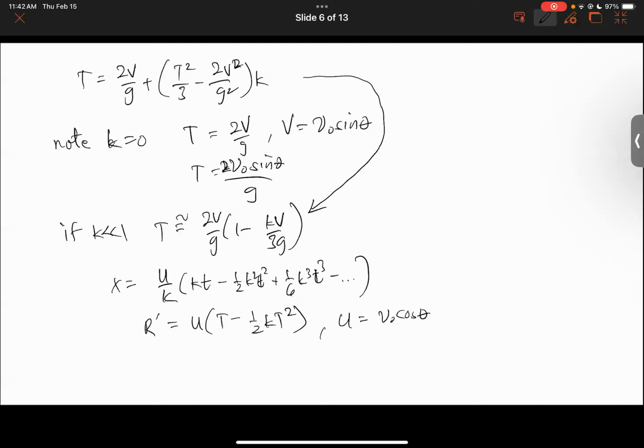We just consider these first two terms here, and then we need to replace t here.